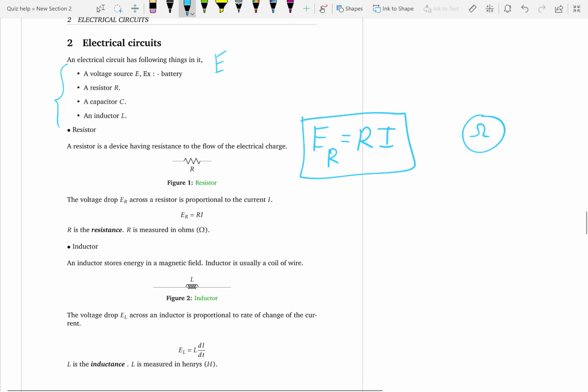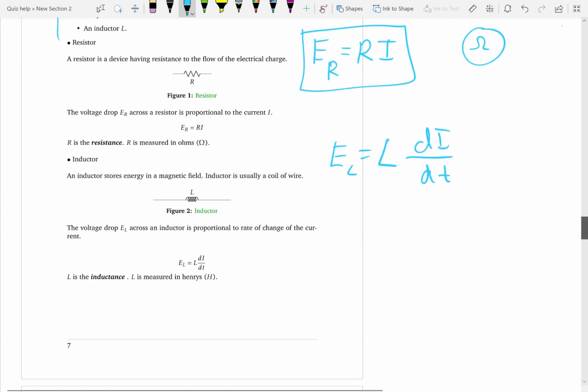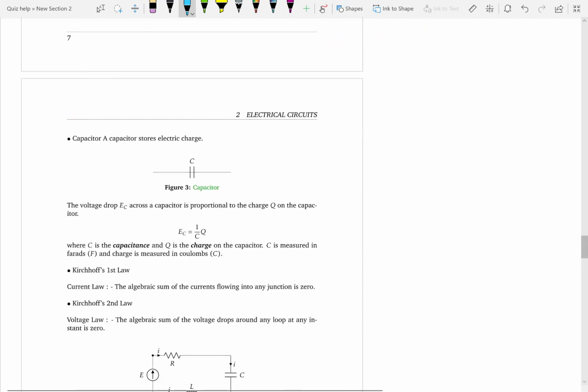Now, the voltage drop around the inductor is modeled by, let's say, E sub L, and it is proportional to the rate of change of current. So the rate of change of current is di over dt, where I is the current, and now we add a proportionality constant L, which we call the inductance, which is measured in henrys.